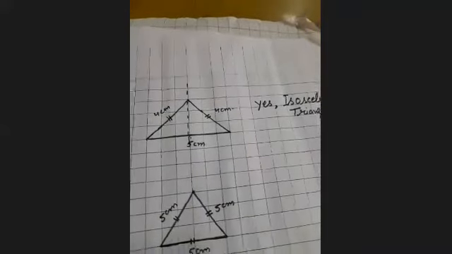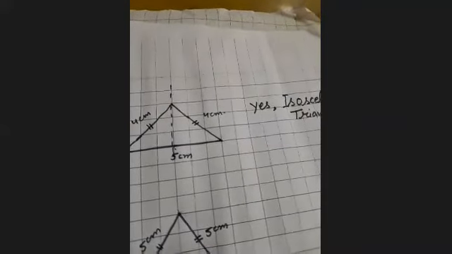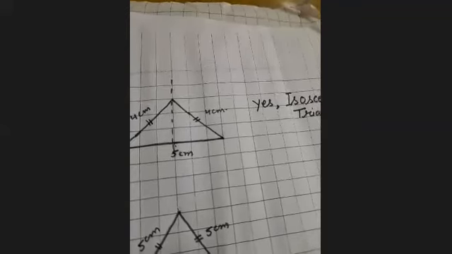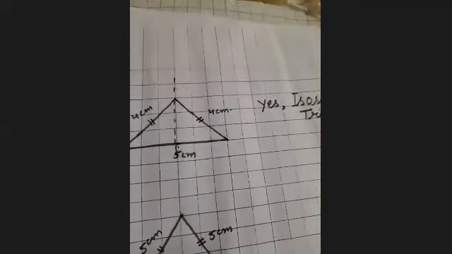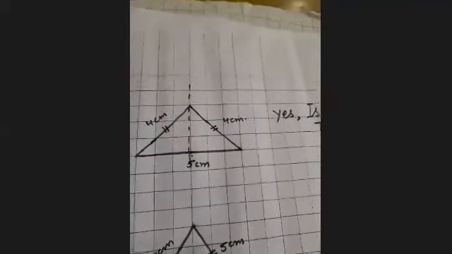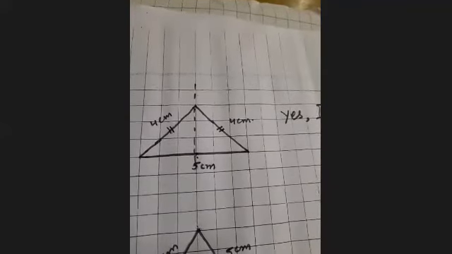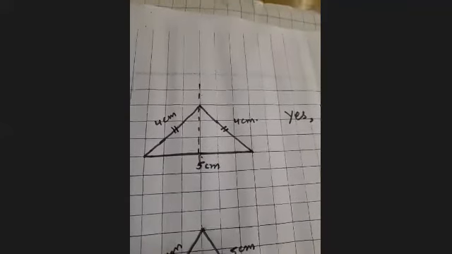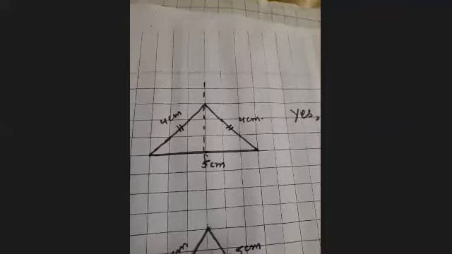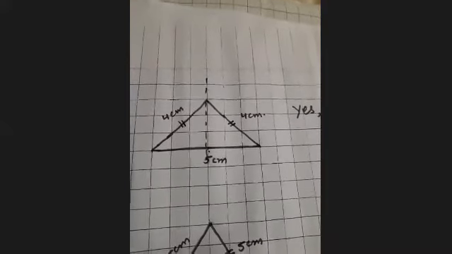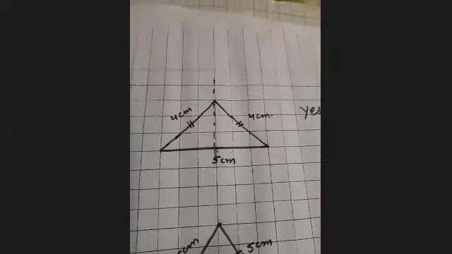Seventh question, first part is, can you draw a triangle with exactly 1 line of symmetry? If yes, then draw the rough sketch of this triangle. First, we'll draw a rough sketch of an isosceles triangle, then draw 1 line of symmetry.